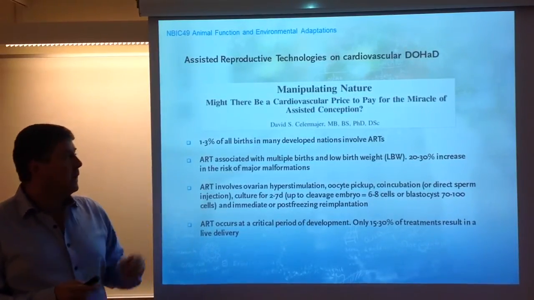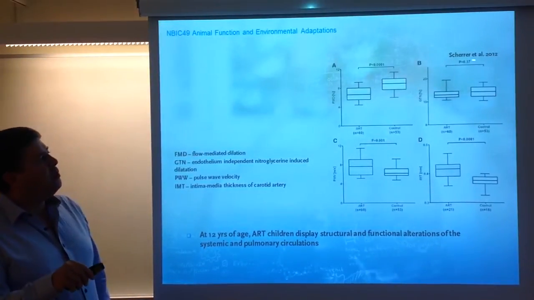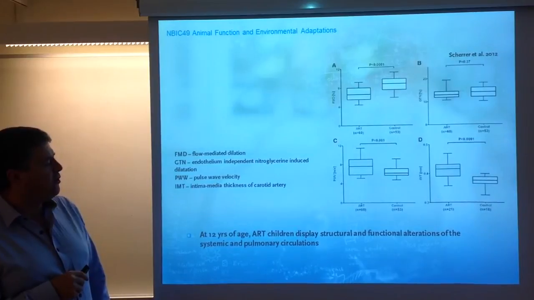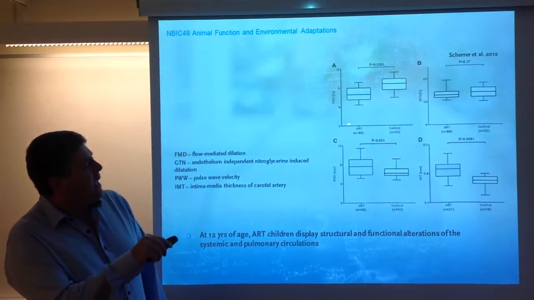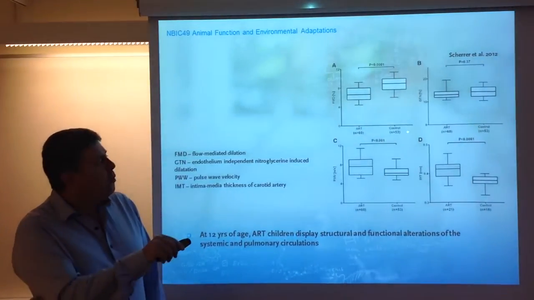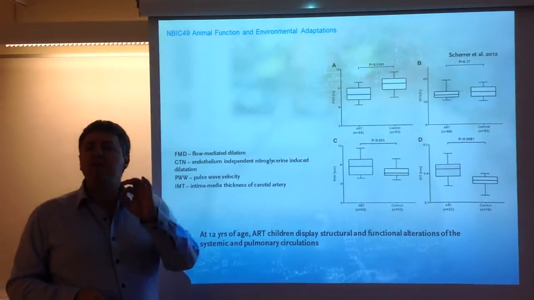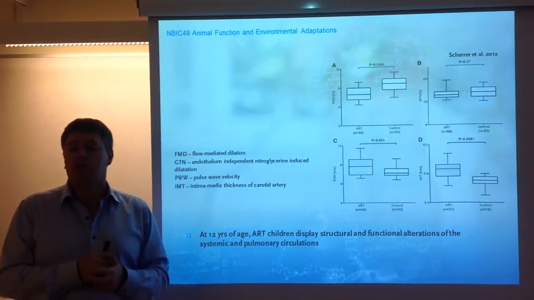In an interesting study from a couple of years ago, this group of Swiss researchers basically compared babies born from assisted reproductive technologies with control babies. And they did that, well, they were not babies, they were children at 12 years of age.